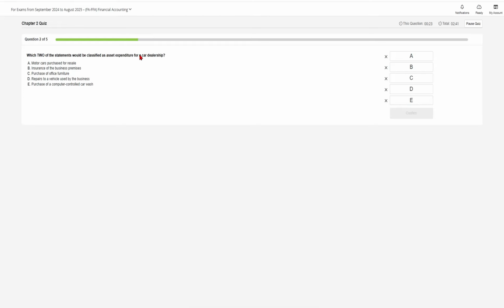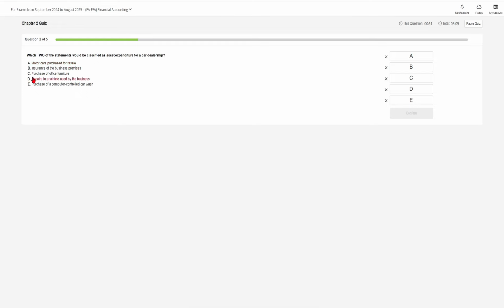So here asset means non-current assets, which should be in your books of accounts for more than 12 months. The motor car purchased for resale. Motor cars are obviously an asset, but if our business deals in selling motor cars, in that case it will not be an asset, it will be inventory.